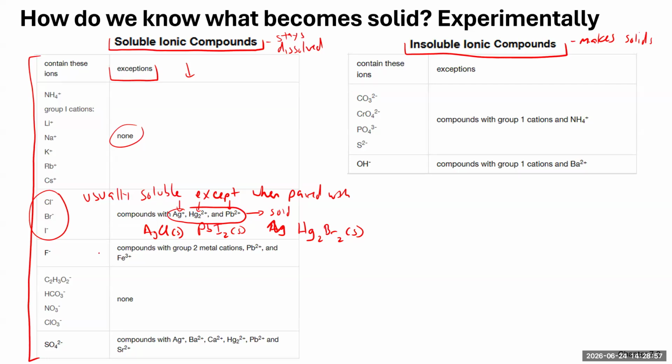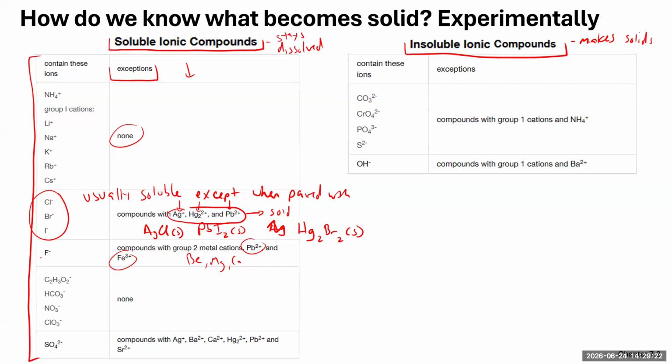So fluorine, usually soluble, except when grouped with group 2 metal cations. So group 2 is the second row. So like beryllium, magnesium, calcium, things like that. Lead 2 and iron 3, right?